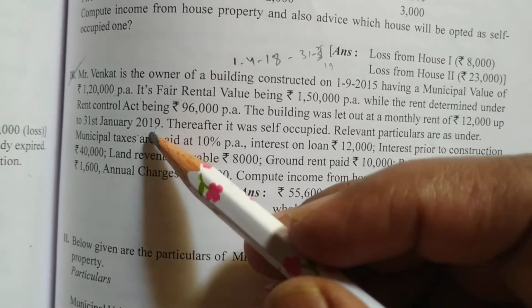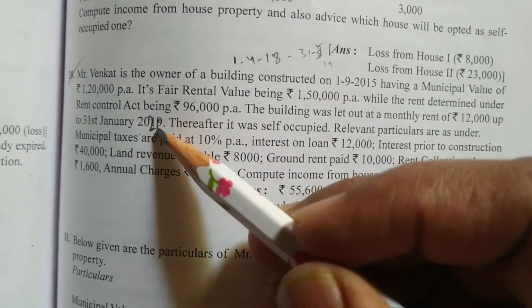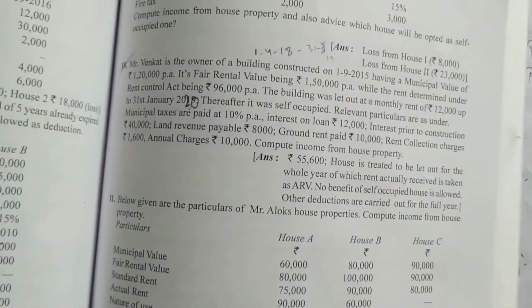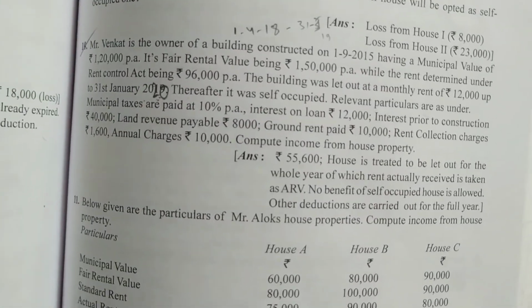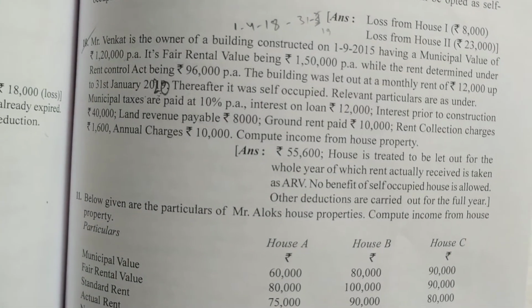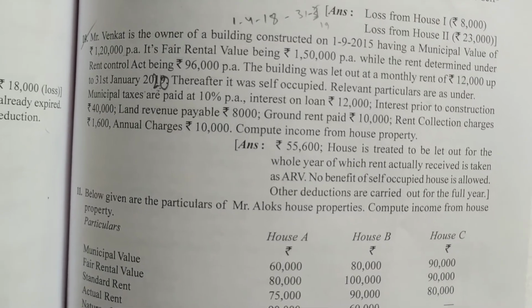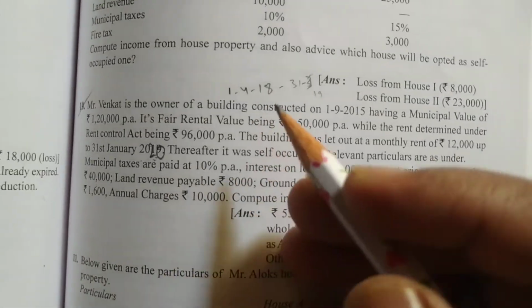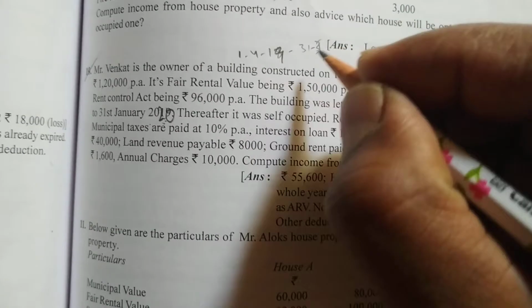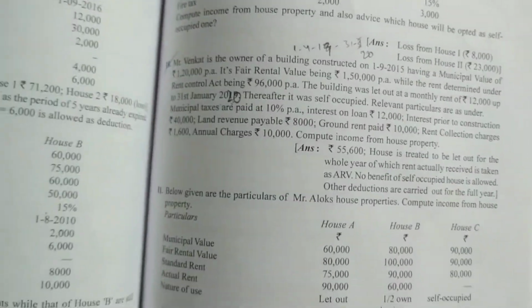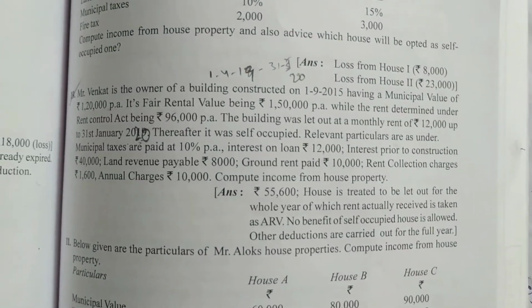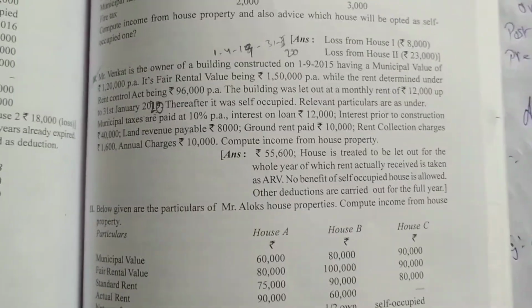The dates are wrong. 31st January 2020. So the building is given on rent from 1st April 2019, and the previous year ends on 31st March 2020.